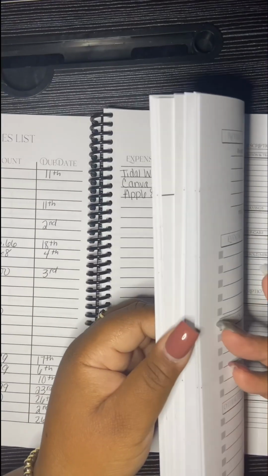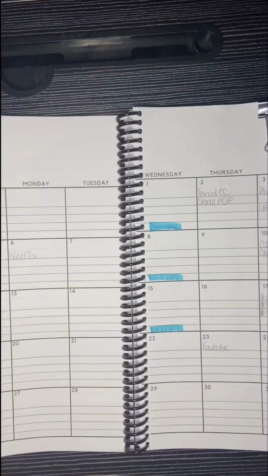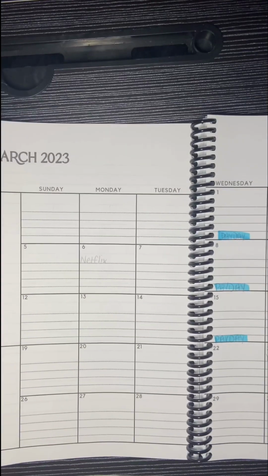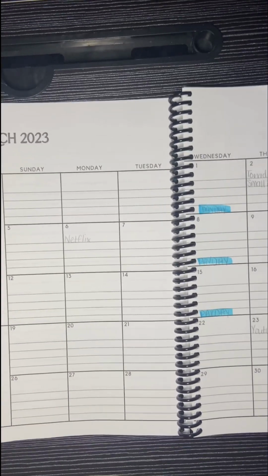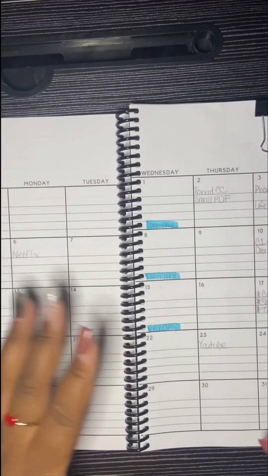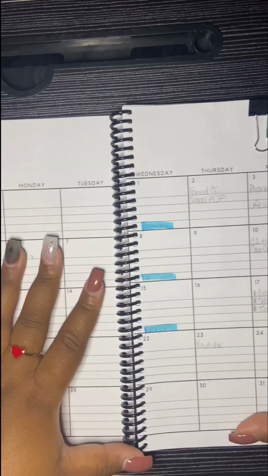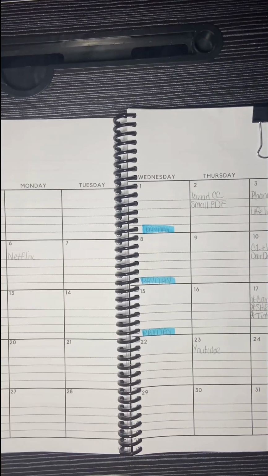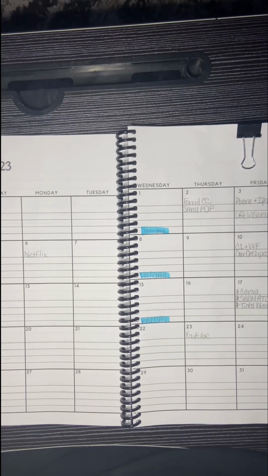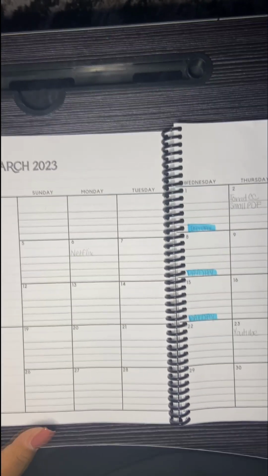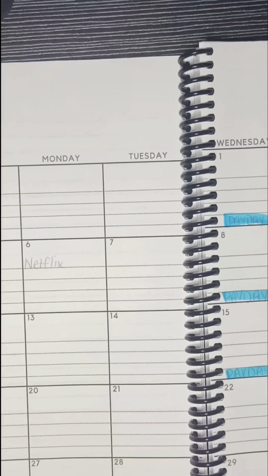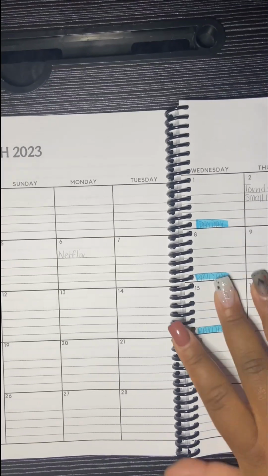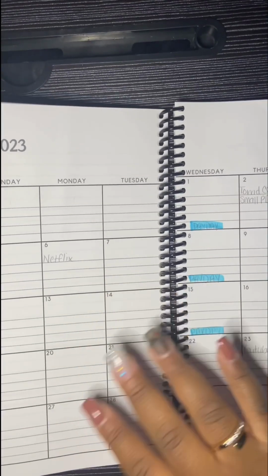So then the next thing I did was head over to March. I went to the March calendar, and let me scroll out some. I wanted to go ahead and map out all of my due dates.